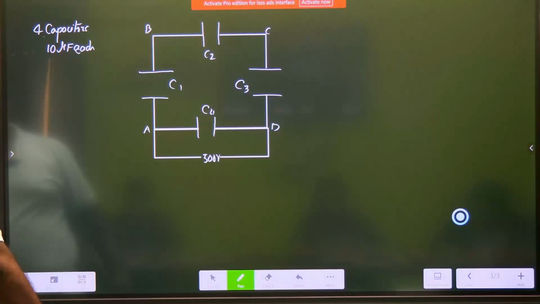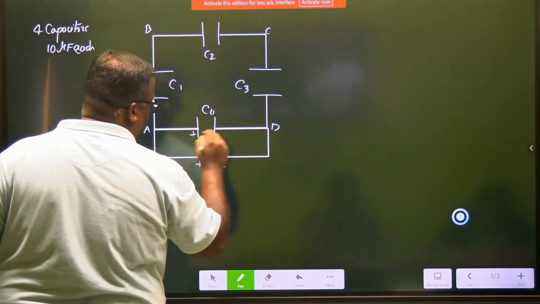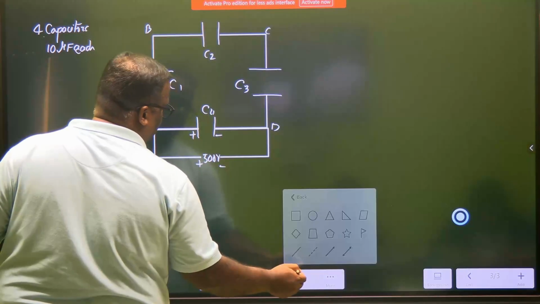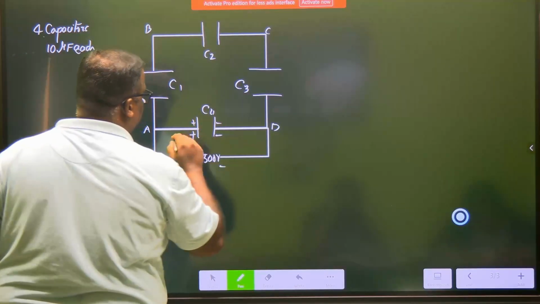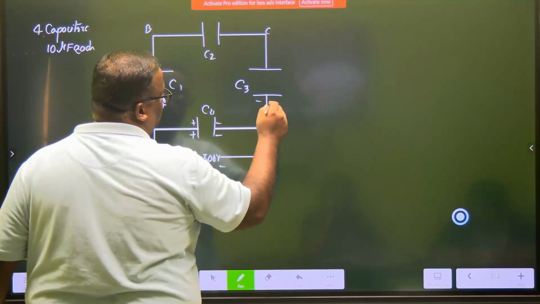Okay, C1, C2, C3, and if this is the plus side of the voltage, this is minus. So these two will be plus, and the end one will always be minus.